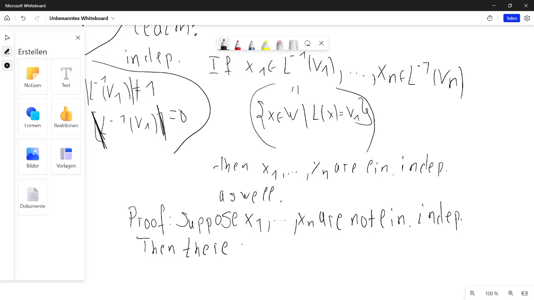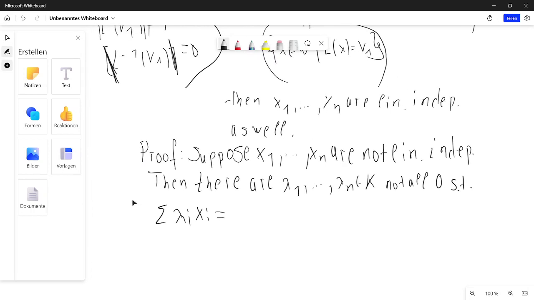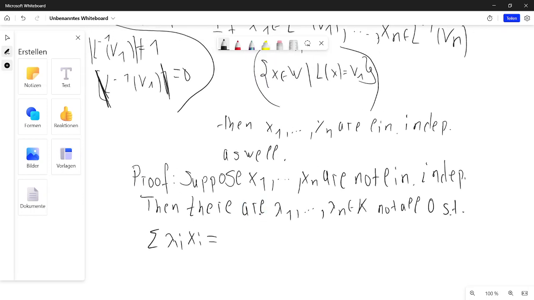Of course, there are indeed lambda 1 to lambda n, elements of K, not all 0, such that the sum of lambda i xi over i equal to 1 to n is indeed 0, even though not all lambdas are 0, right? Negation of linear independence.